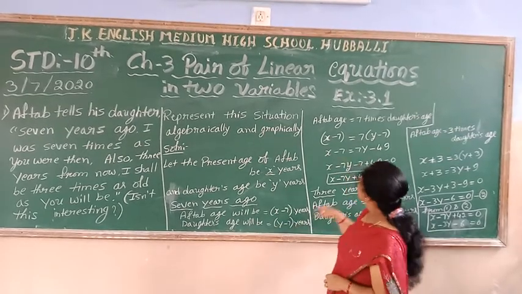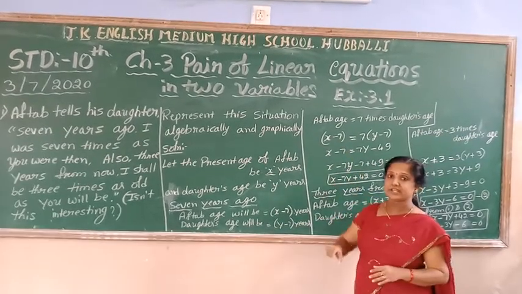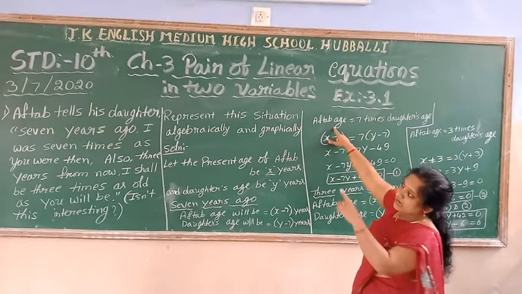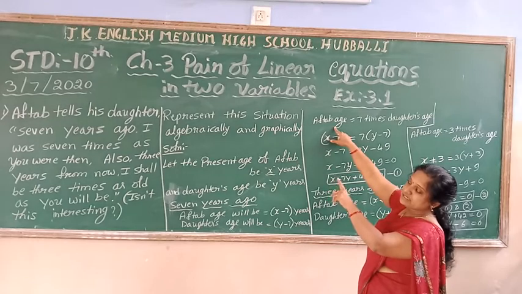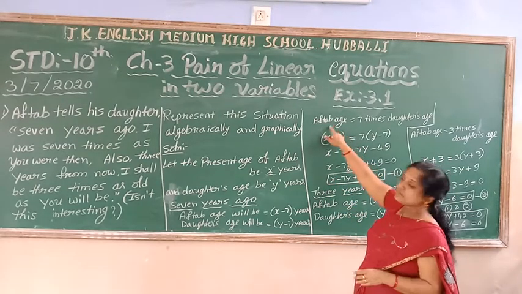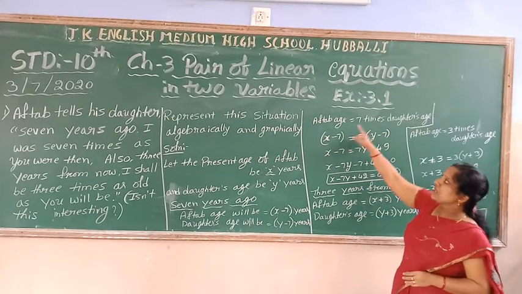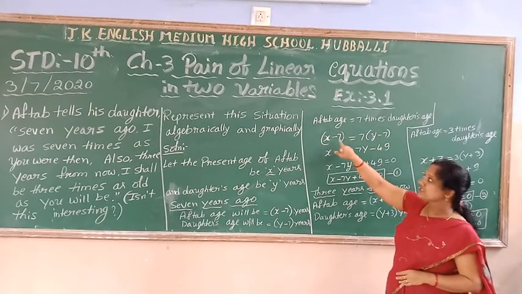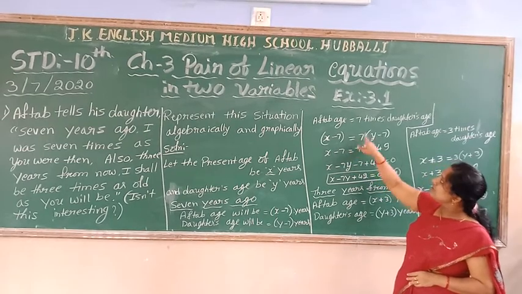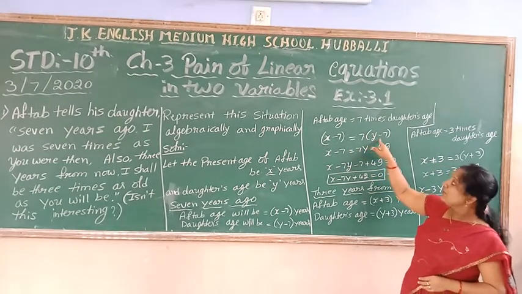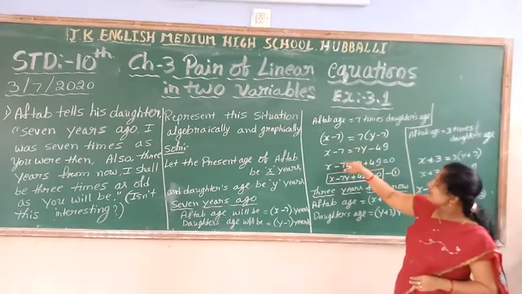Then the condition they gave: 7 years ago, Aftab was 7 times as old as his daughter. So Aftab's age 7 years ago, X minus 7, is equal to 7 times the daughter's age 7 years ago, Y minus 7. Simplify now.